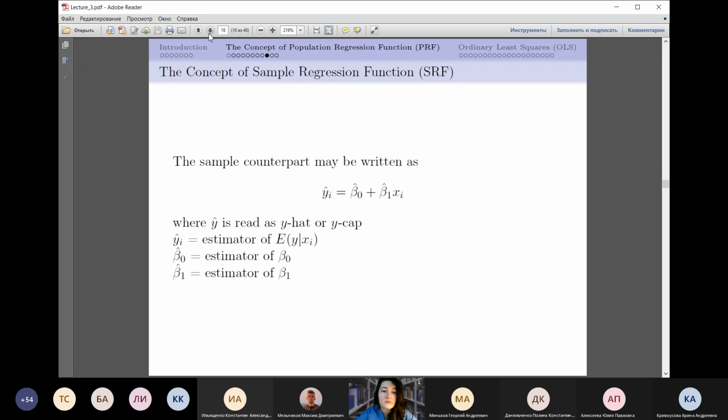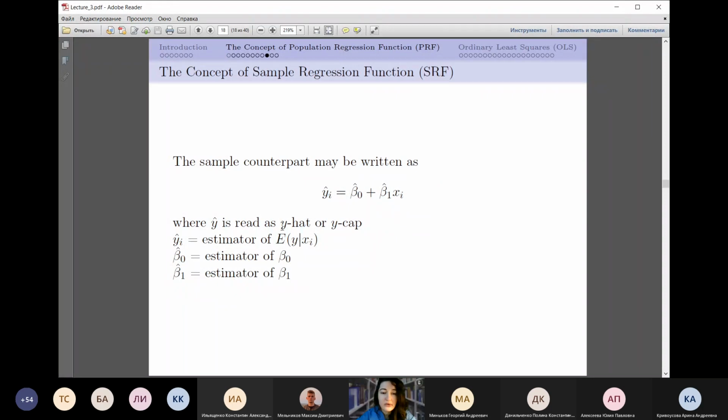And the concept of the sample regression function can be written in the same way as the concept of the population regression function. Again, we write y as the dependent variable, x as the independent variable, and again we need to find two unknown parameters, beta 0 and beta 1. The difference is that in our notation we use a hat above each parameter and above our dependent variable.